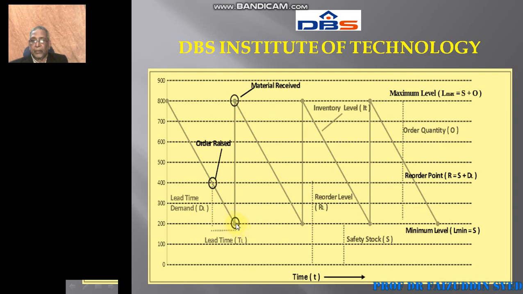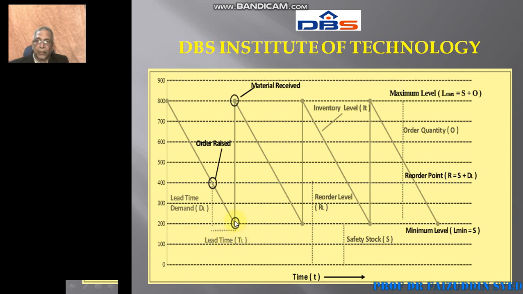So the vertical line which we drew from 400 tons to the timeline x-axis, and the material received, that is 800 tons, we drew another vertical line to the timeline x-axis. So we got 2 points. The distance between these 2 points is called lead time. This much time it has taken.